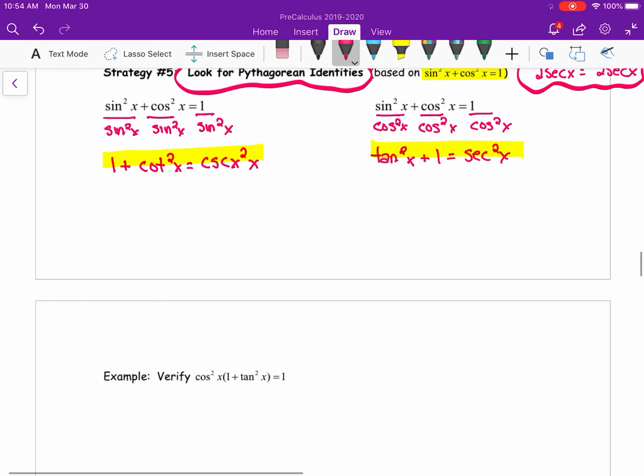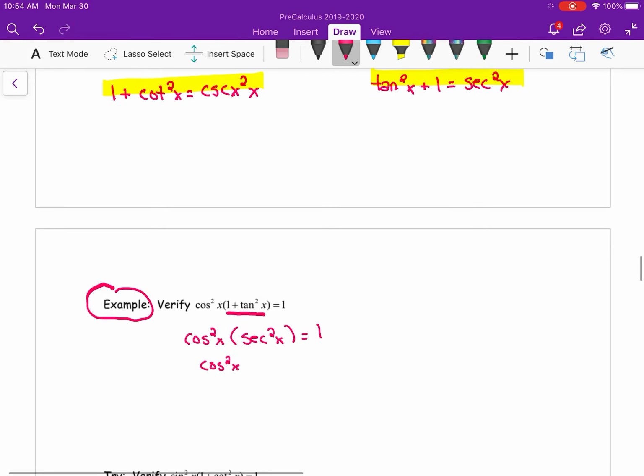And you want to remember those. Because looking in this very first example down here, we have 1 plus tangent squared x. And that happens to be, I'm rewriting the first part of that problem, secant squared x. So that's cosine squared x times 1 over cosine squared x, and that does equal 1.